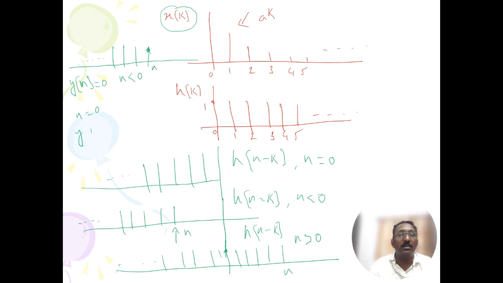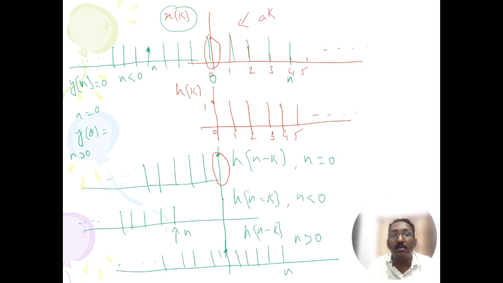At n equal to 0, y of 0 is nothing but only this sample multiplied by the sample present at n equal to 0. Coming to the next one, for n greater than 0, the overlap portion is always from 0 to n.